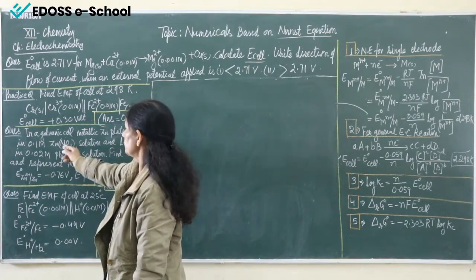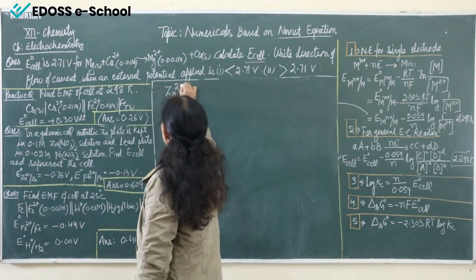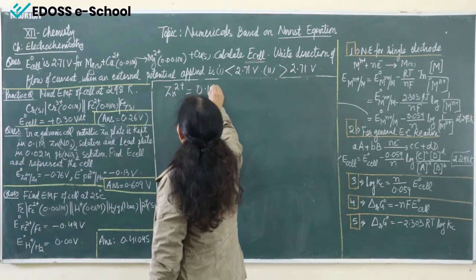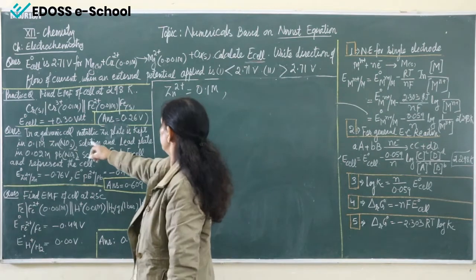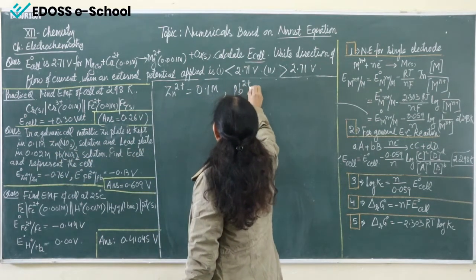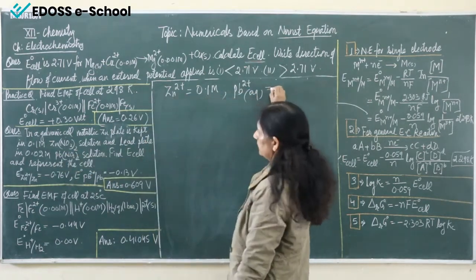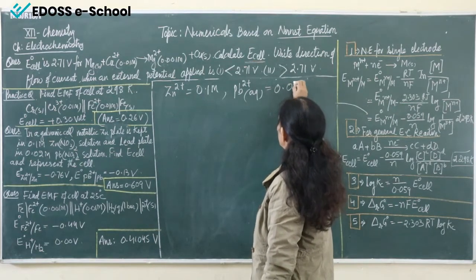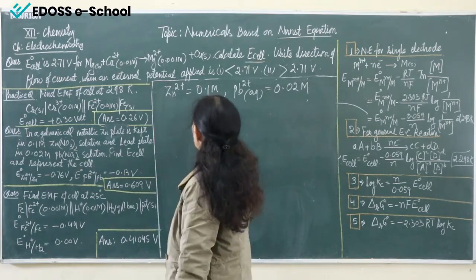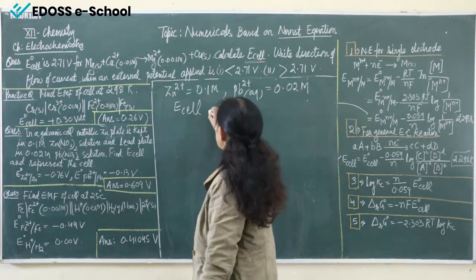The concentration of Zn 2+ ion is given to you, this is 0.1 M, and the concentration of Pb 2+ ions is given to you, 0.02 M, and you have to find E of the cell, and E naught is not given to you.